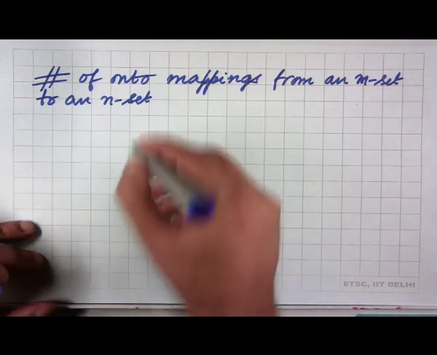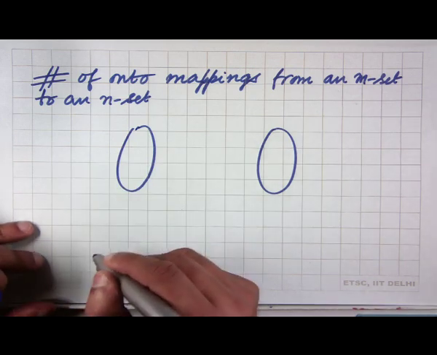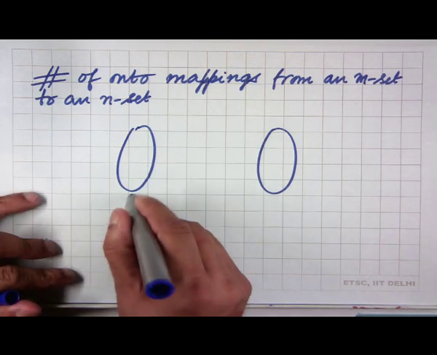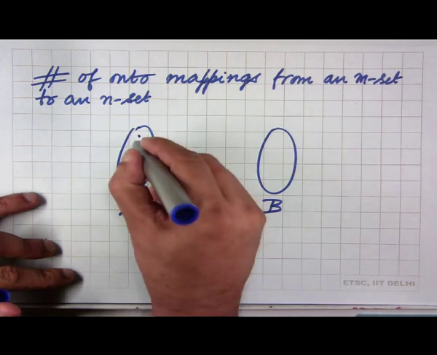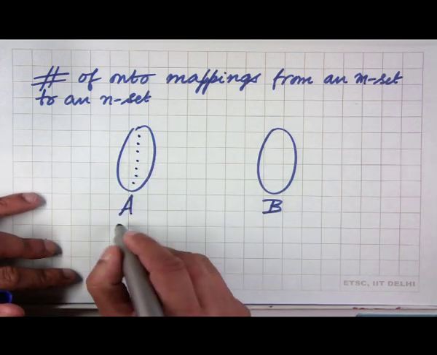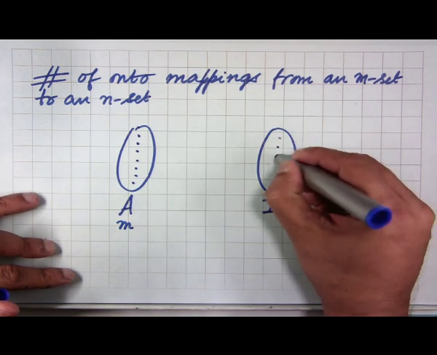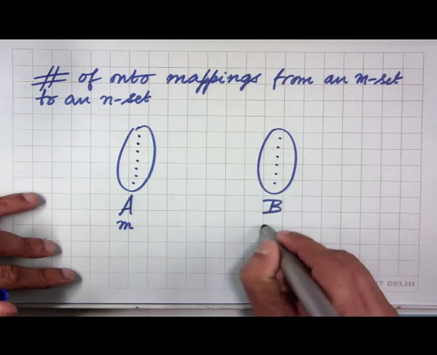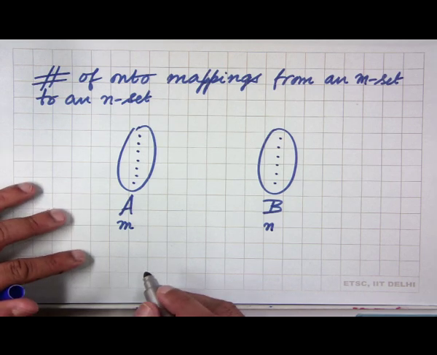We're used to looking at this in terms of two pictures, two Venn diagrams to denote these sets. We can call the set A and call the set B. And we can put some dots in here to denote the elements of A. This is an M set, so there are M elements in here. And the dots in B are these. This is an N set, so the number N is put out there.